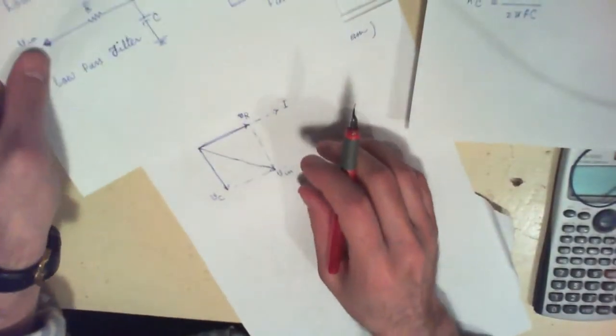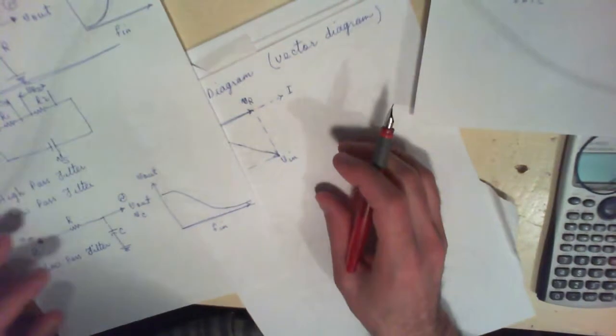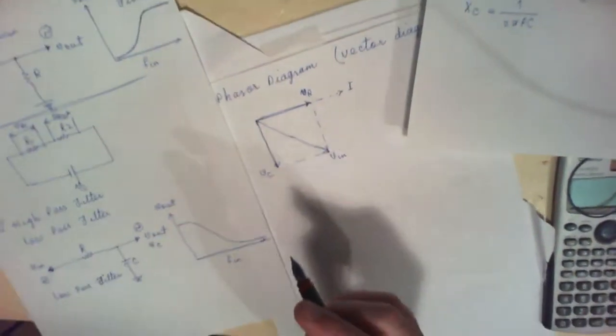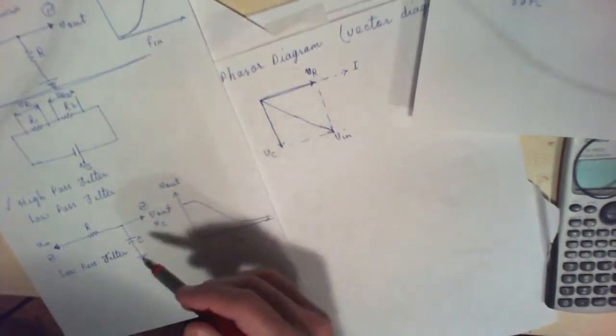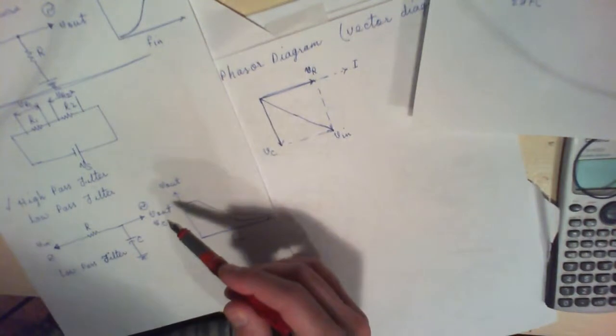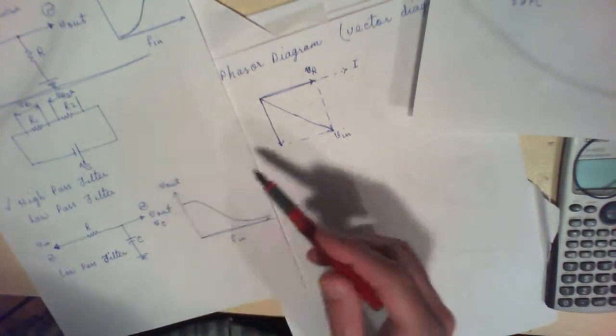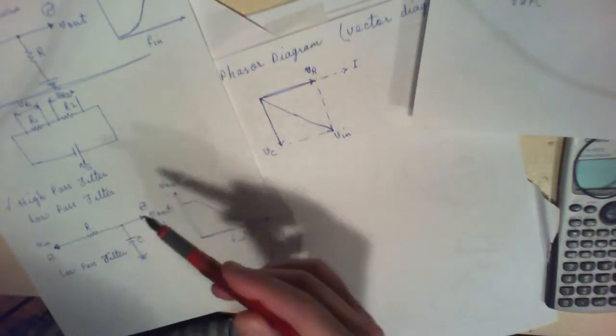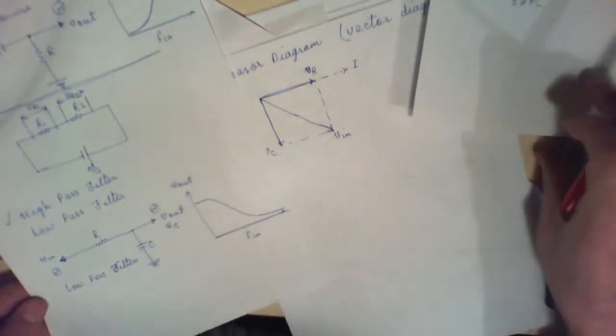Now, if you come back to this circuit over here, you can see that in the case of this phasor diagram, this V of R refers to the voltage across this resistor.